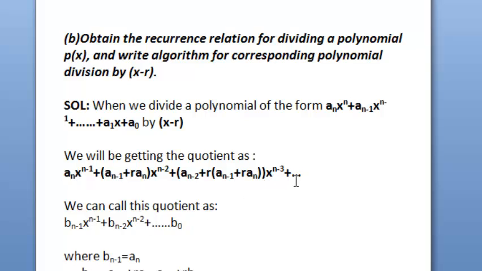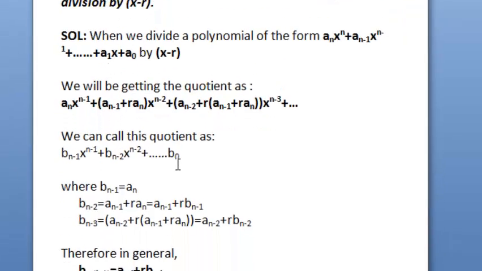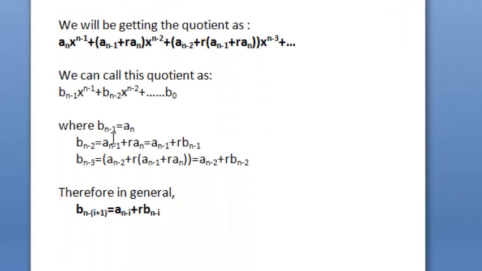We call this quotient b(n-1) x^(n-1) + b(n-2) x^(n-2) + and so on up to b0, where b(n-1) is equal to an and b(n-2) is equal to a(n-1) + r·an.